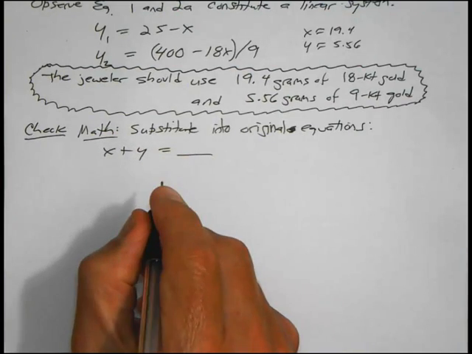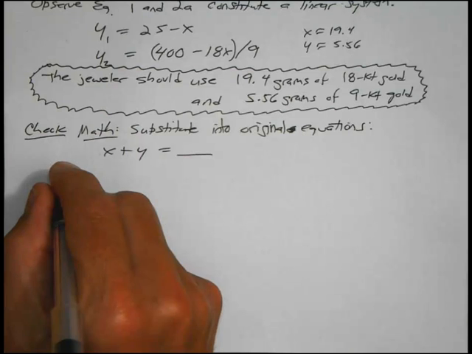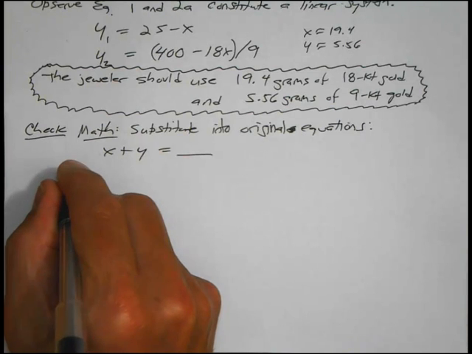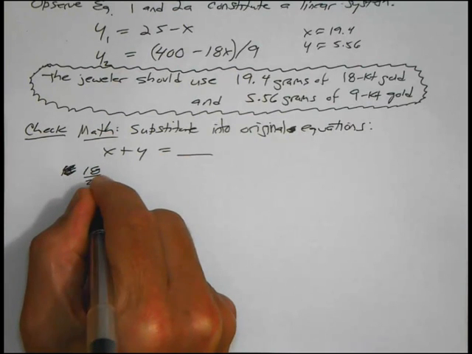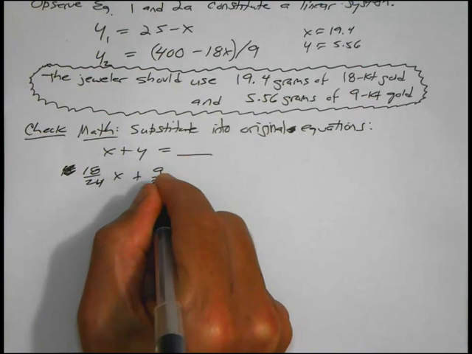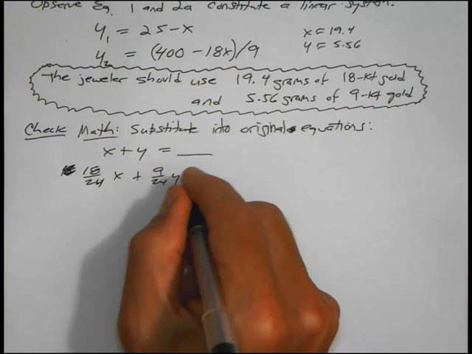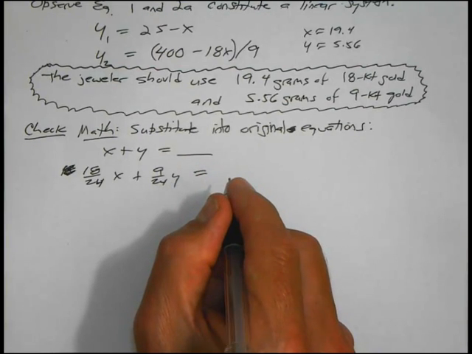Hopefully we'll come back with that 25 there. The second original equation, the left-hand side of this is 18 over 24 times x plus 9 over 24 y. And we'll see what that equals. That will be the left-hand side.